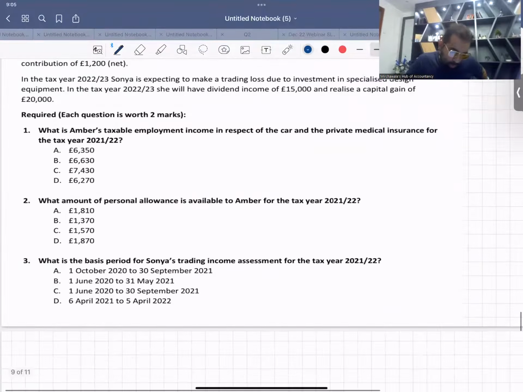Now, what is Amber's taxable employment income in respect of car and private medical insurance?